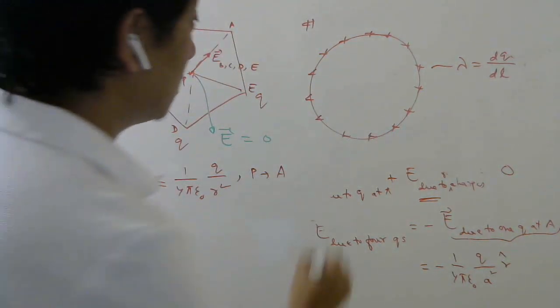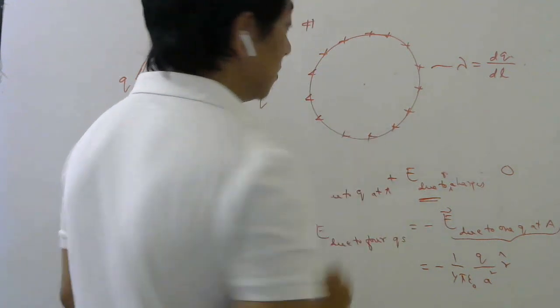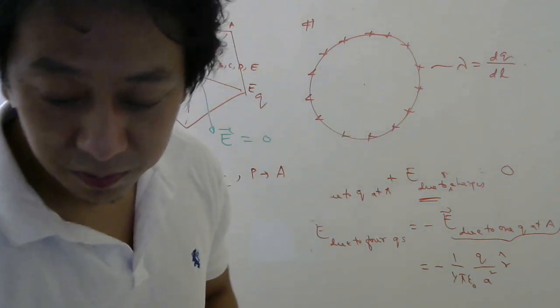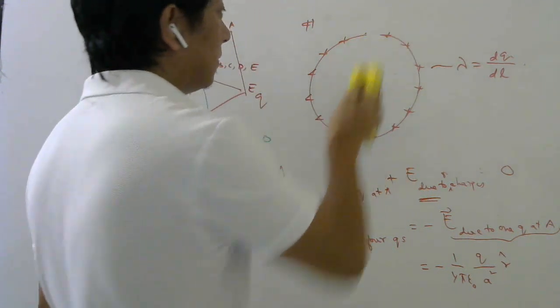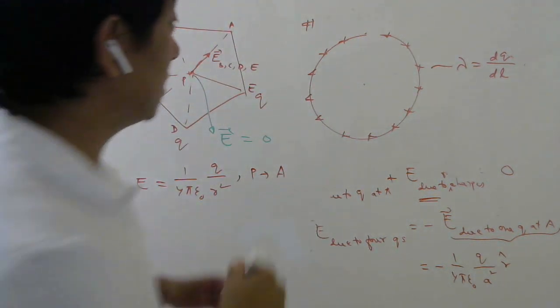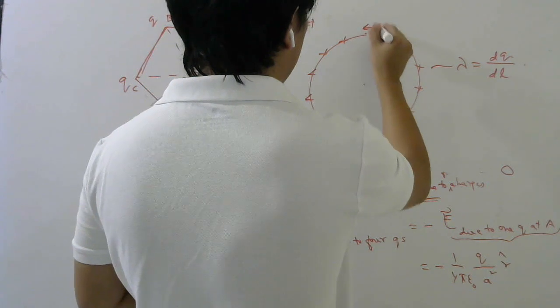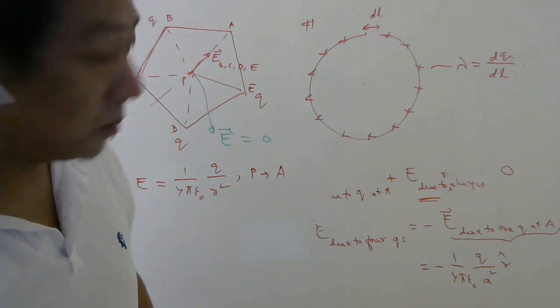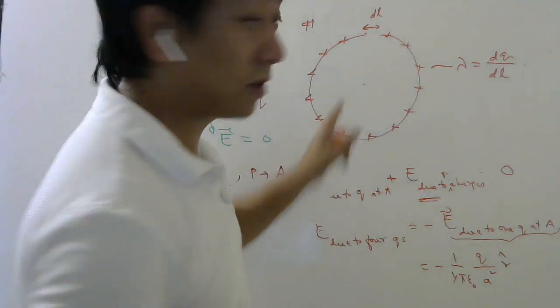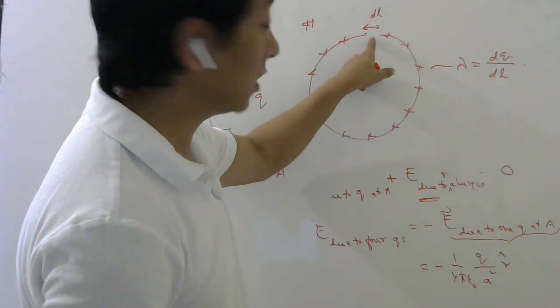Now what is the electric field at the center? We know it is 0. Now suppose they say a small cut is made, and the length of this cut is dl. Then what will be the electric field now? Can it be 0? No, because some small cut is there, right?